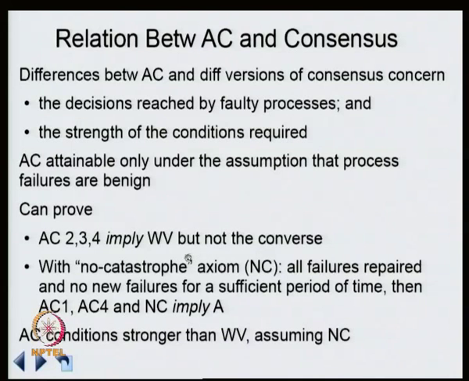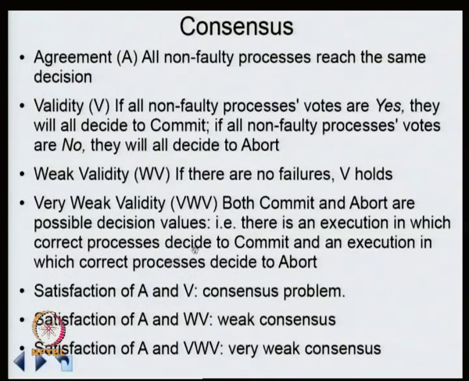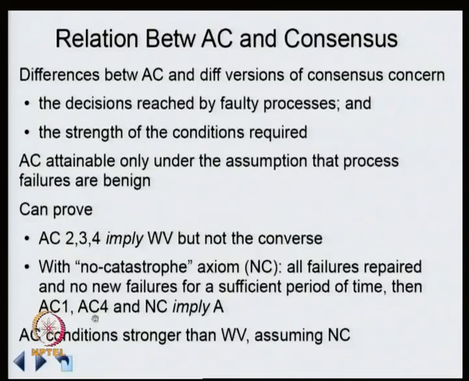There is also another axiom you can add. For example, I had this condition in the case of commit protocols, and it's not there for consensus. So if I want to make both of them similar, then basically I can add this part.